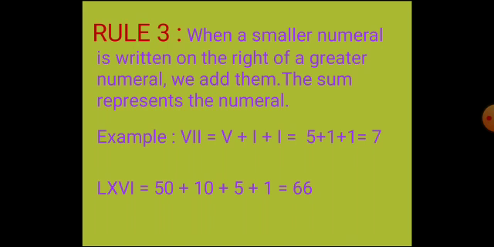That's why we add these values to get the final answer. L means 50 plus X means 10 plus V means 5 plus I means 1. So 50 plus 10 is 60, 60 plus 5 is 65, 65 plus 1 is 66. So this is the third rule, children. What is the third rule? When a smaller numeral is written on the right of a greater numeral, we add them. The sum represents the numeral.